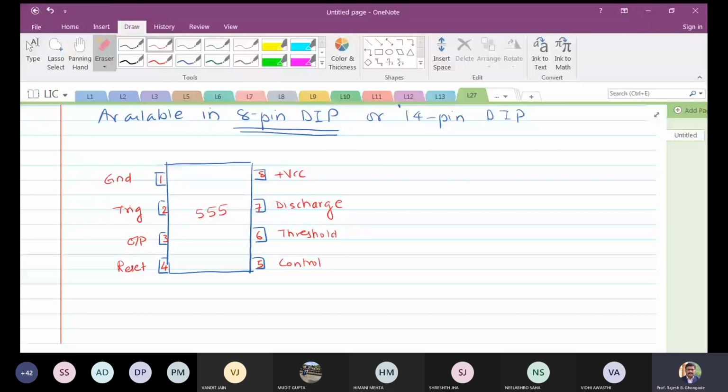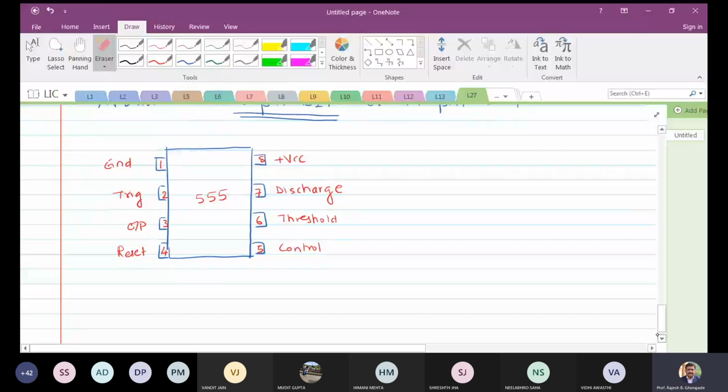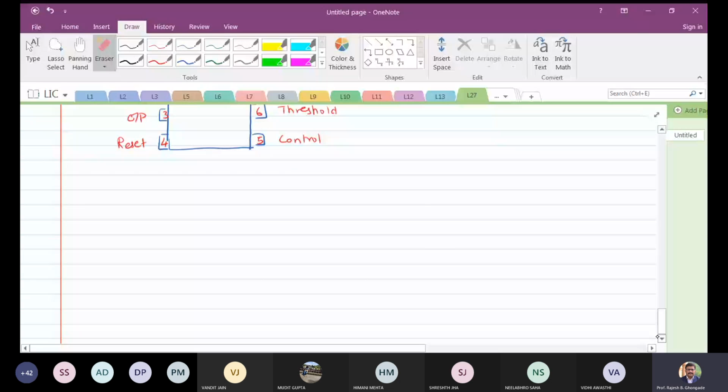Okay, let us see the internal block diagram. It will take some time for me to draw that.